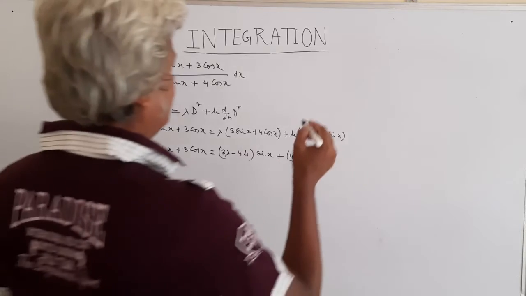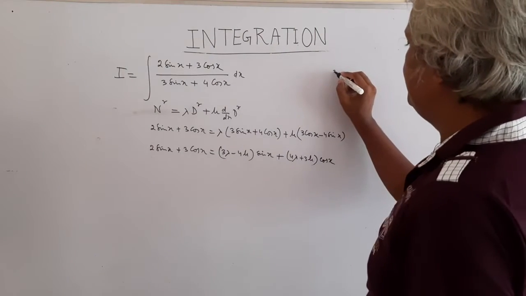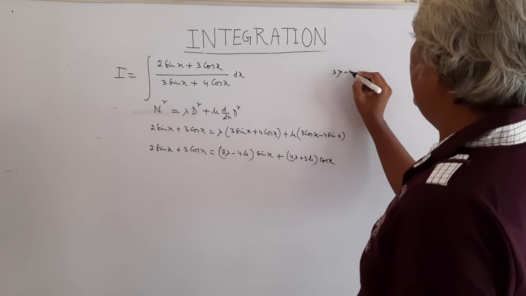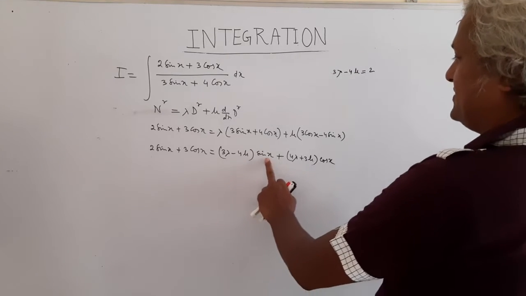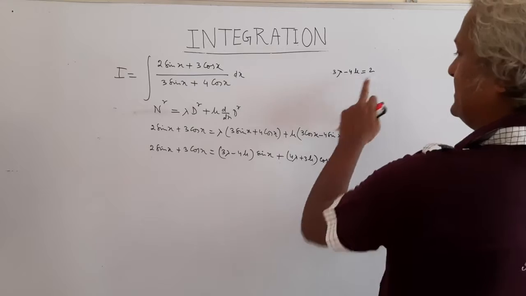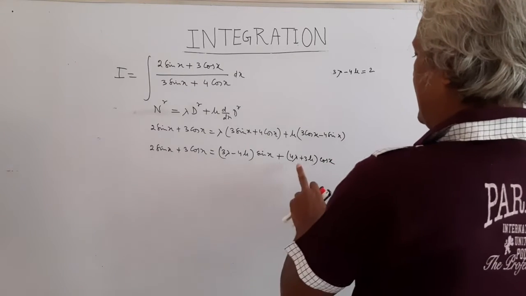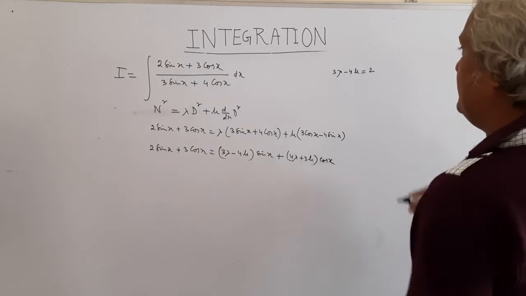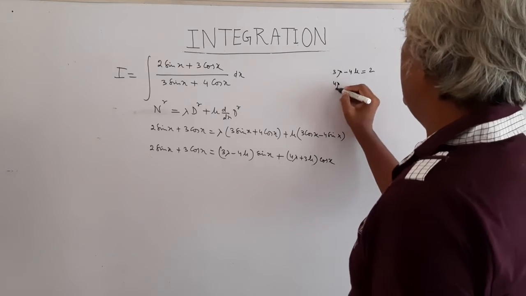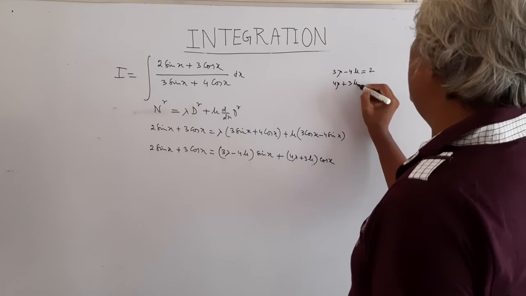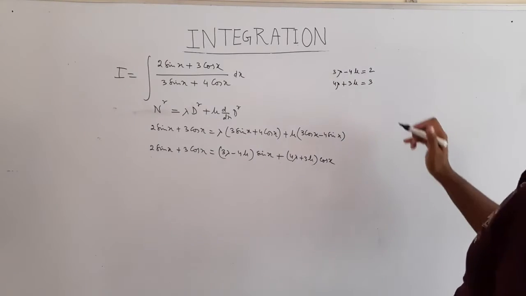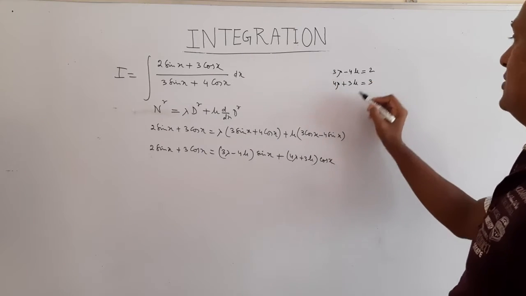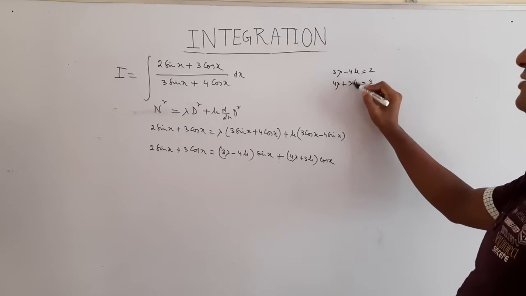We get 3 lambda minus 4 mu is 2, the coefficient of sine, and 4 lambda plus 3 mu is 3. Now we have to solve these equations. We'll use the method of elimination and try to remove this mu.